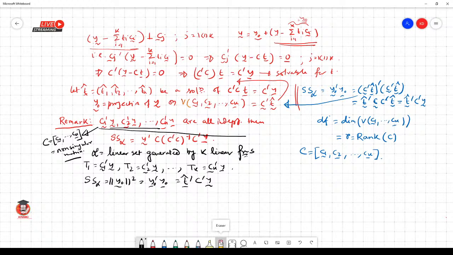I think it is better to say full rank matrix. That means C prime C inverse exists.